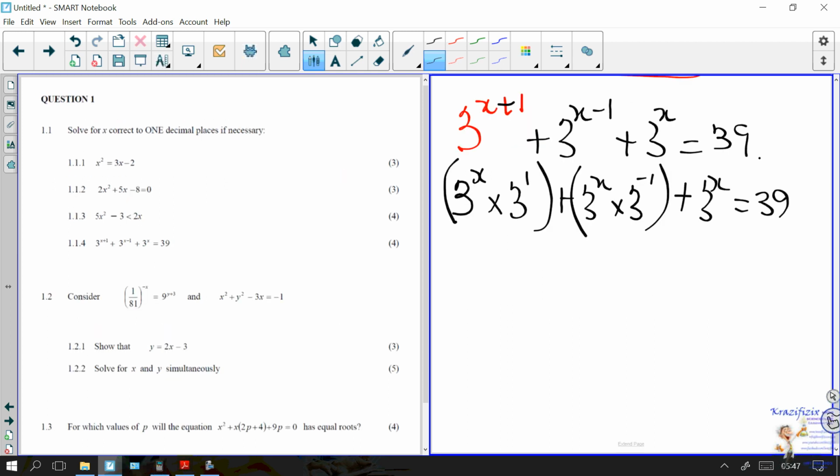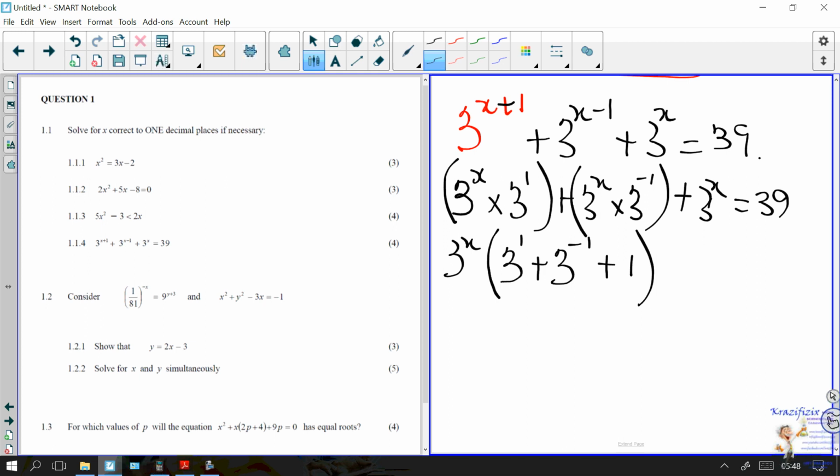What do you notice? I've got a common 3 to the power x there. So what do I have? I have 3 to the power 1 plus 3 to the power negative 1 plus 1, because 3 to the power x is common, so we have 1.